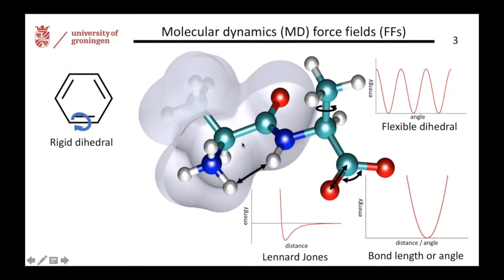And to model the non-bonded interactions, we have the Lennard-Jones term to account for the repulsion and for the dispersion interactions. And for electrostatic interactions, we make use of the Coulomb interactions.